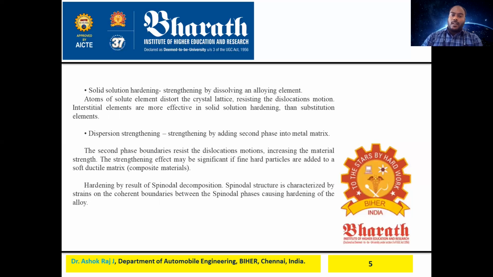And interstitial elements are more effective in solid solution strengthening than substitutional elements. Why? Interstitial elements are more because this is in the liquid state. Mostly substitutional elements will be available in the fully solid state.